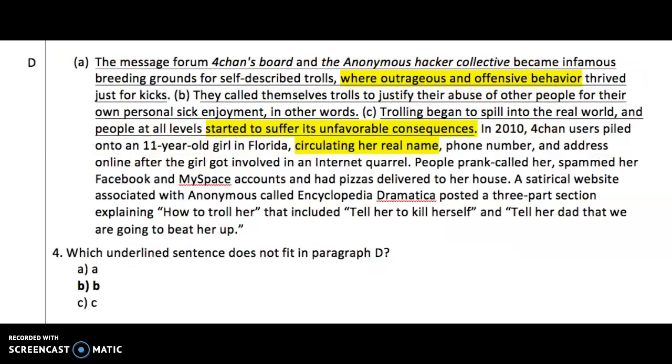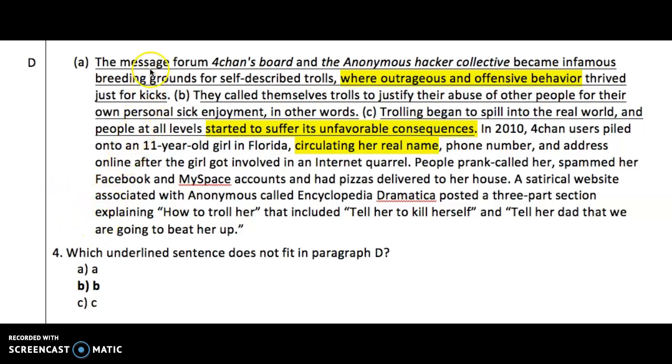Question number 4 asks you to find the irrelevant sentence. In order to find the answer for such questions, you need to pay attention to the link, the connection between these 3 sentences. You can look at the pronouns, you can look at the meaning, you can look at the words that follow each idea and see if they're relevant or irrelevant.